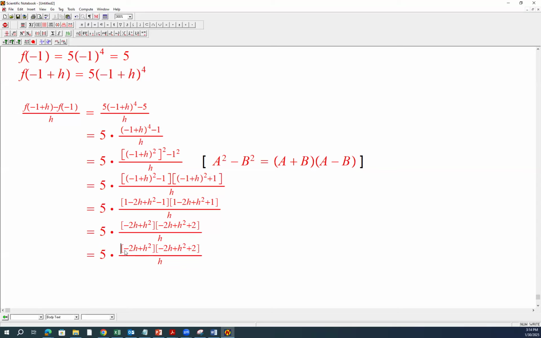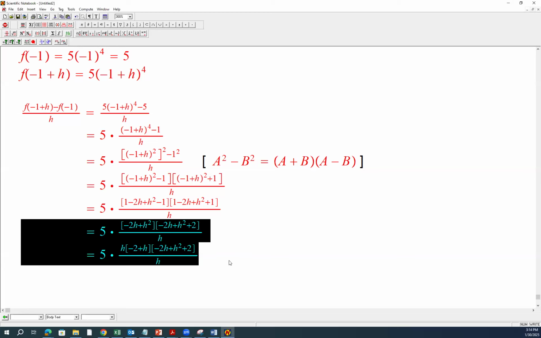I'm going to factor out the h, so this will be -2 plus h. And what happened with h? h and h will be reduced. As you can see on all of these questions, our final goal is to reduce to the point that h will be reduced. So we finally got there.